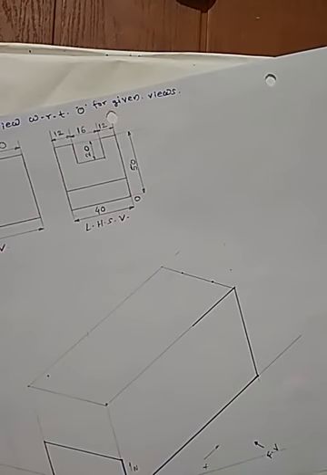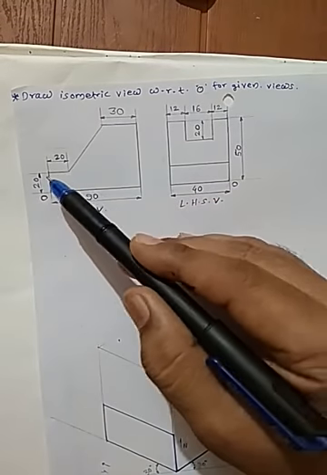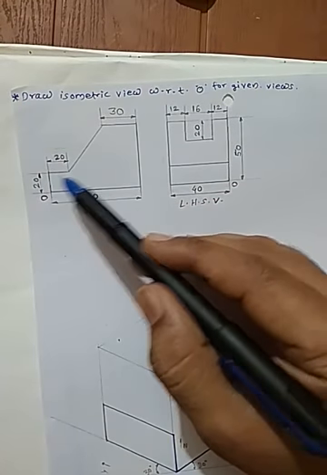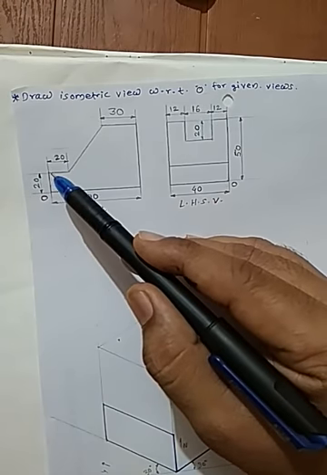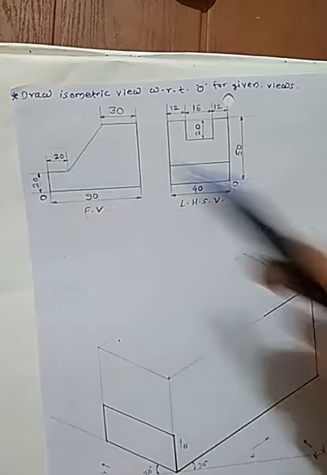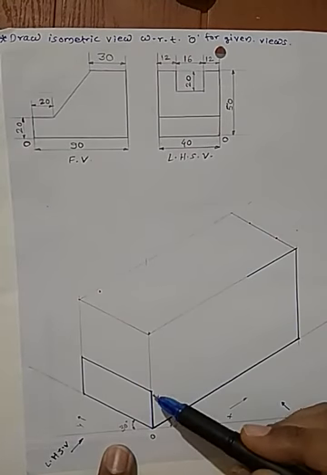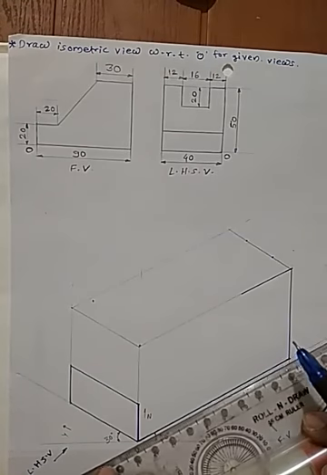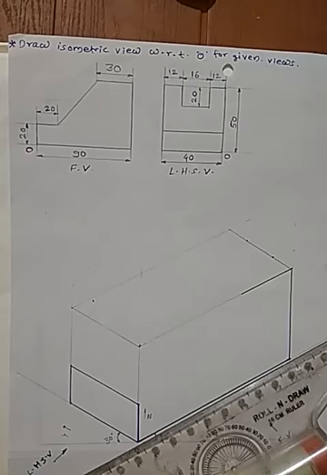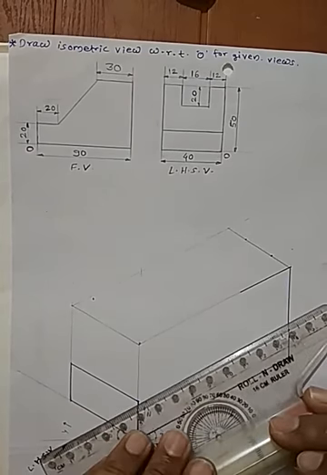Then again in the front view you can see a 20 mm distance from the left side, that is from the origin position. After the 20 mm height there is a horizontal 20 mm length. The height that we have shown on the z axis is 20 mm, and we need to show a horizontal distance of 20 mm. For that you need to first draw a parallel line from this point.